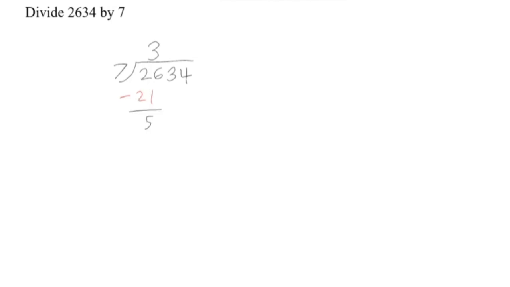Bring the next digit down, which is 3, to get 53. Divide 53 by 7 to get 7 with a remainder of 4. Multiplying 7 by 7 gives us 49, so we subtract 49 from 53 to get 4. Bring the next digit 4 down to get 44. Divide 44 by 7 to get 6 with a remainder of 2. Multiplying 6 by 7 gives us 42, so we subtract 42 from 44 to get 2.